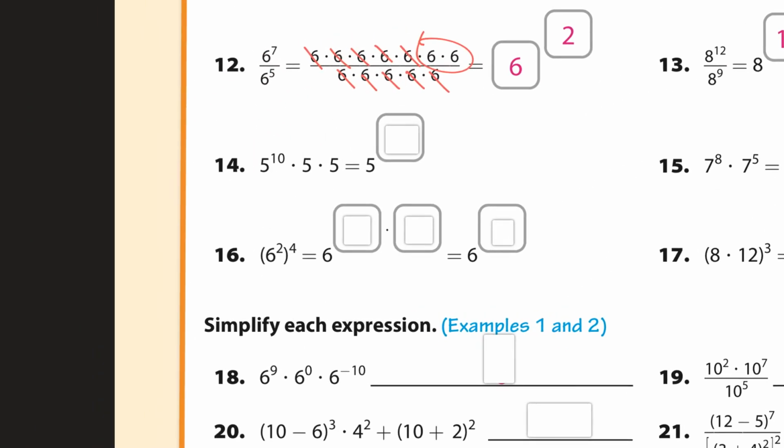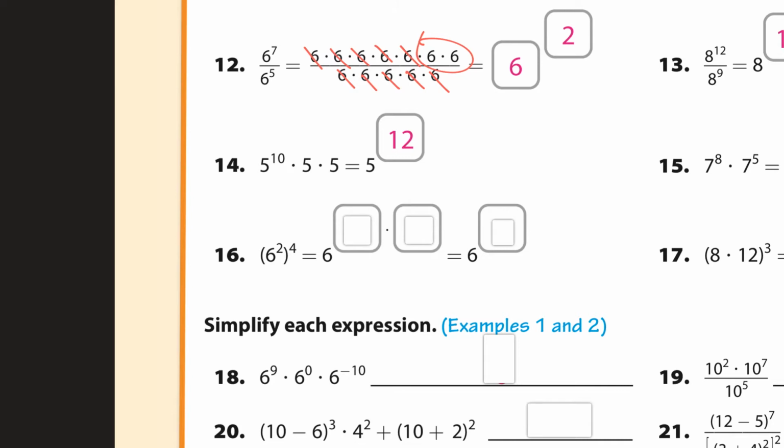5 to the 10th, well, let's see. We have 10 of these, and then we have an 11 and a 12. We have 12 5s being multiplied, so this is going to be to the 12th. I'll explain that one a little bit more.